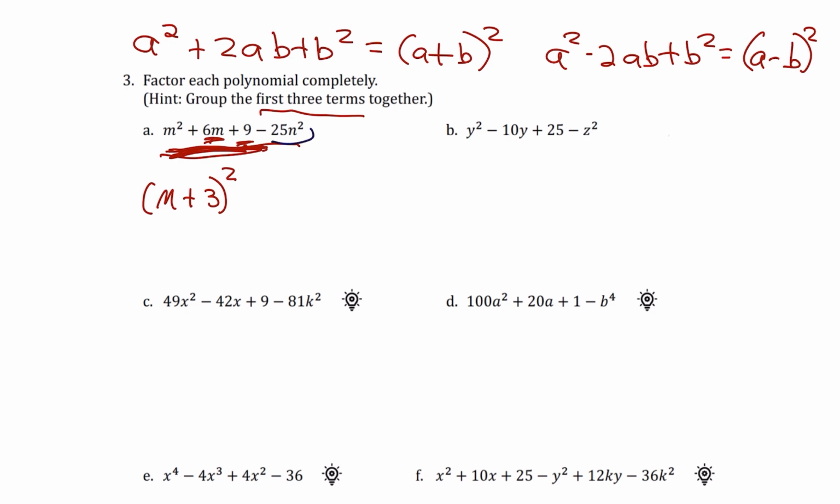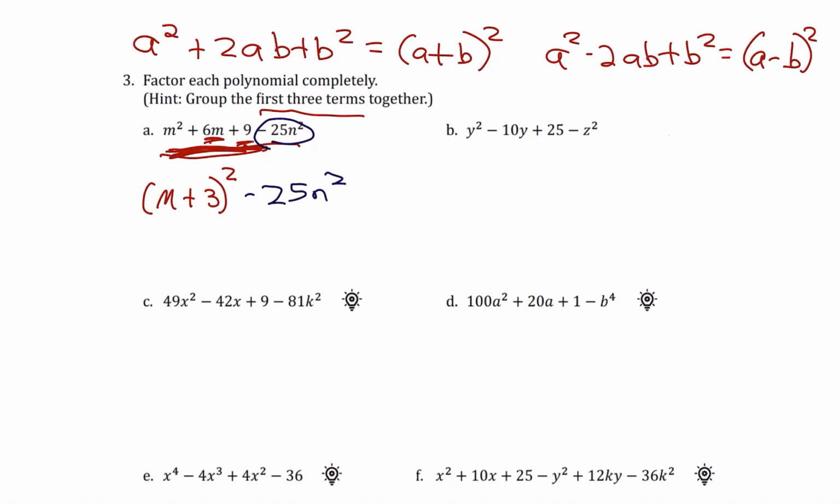Now, I'm going to underline in a different color this term. So for that, I'm just going to write the minus 25n squared. Now you might recognize, even though it's really tough to see, this is now the difference of 2 squares.